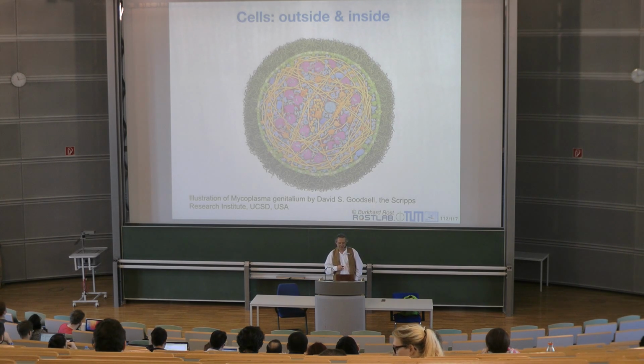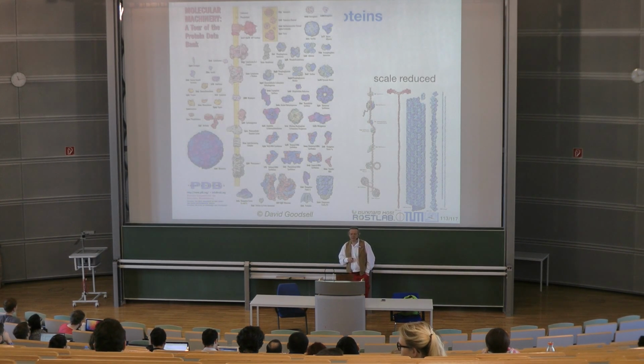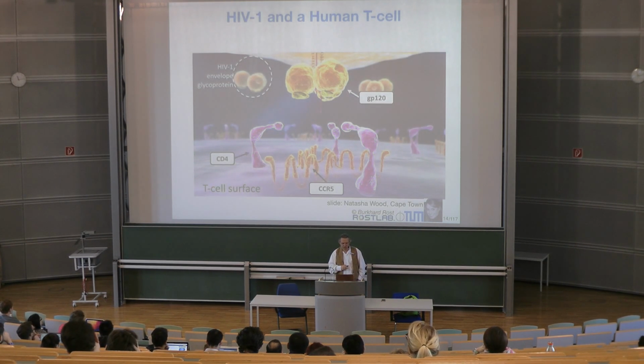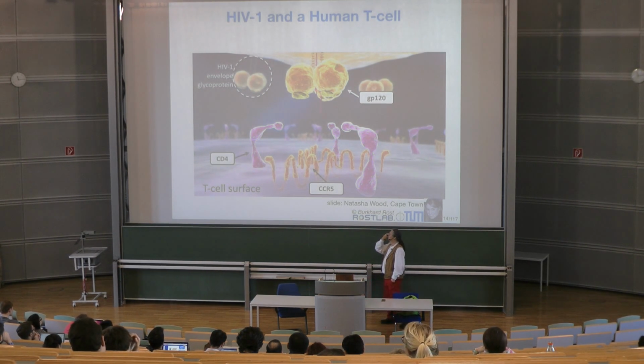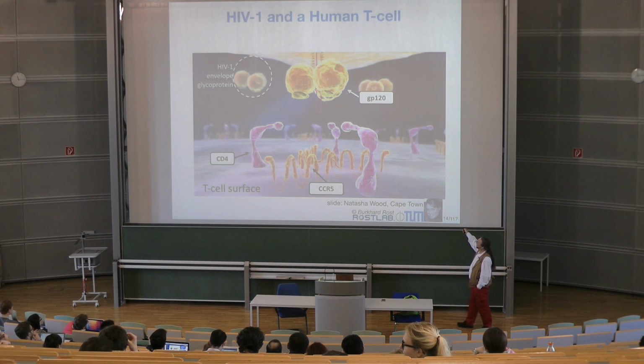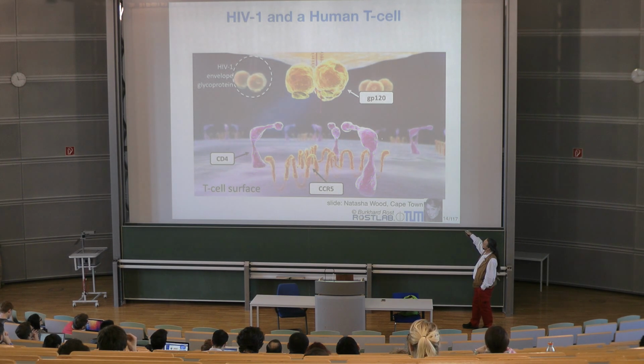Again, cells are densely packed, there's an inside and outside. Proteins thrown into solvent adopt a unique three-dimensional structure. These structures come in very different sizes. Here's an example of the outside. This is a slide from Natasha Wood. On the cell surface, you have essentially receptors standing out.